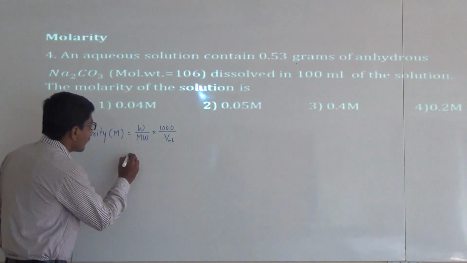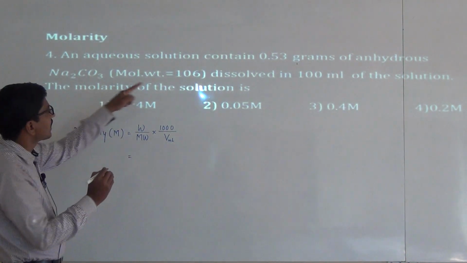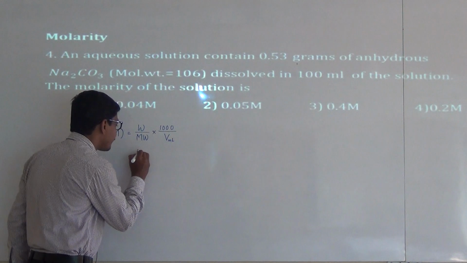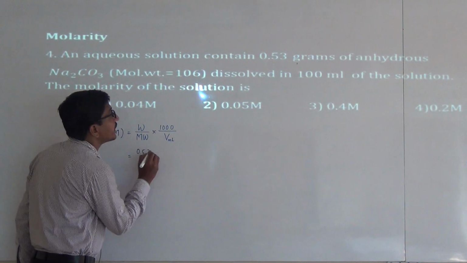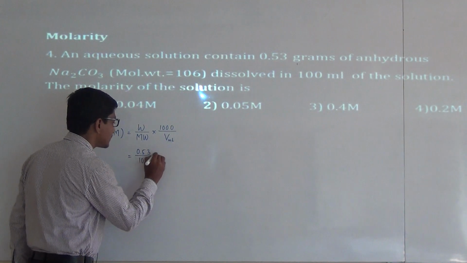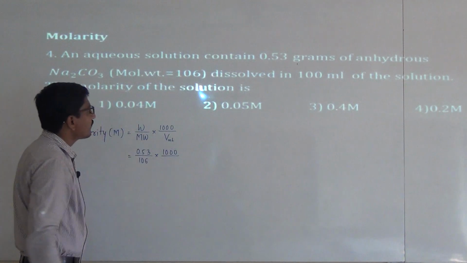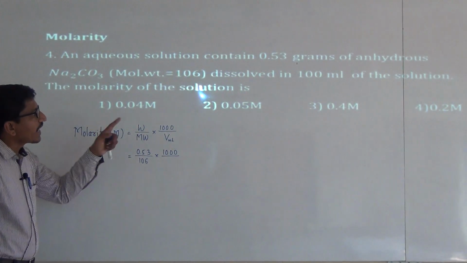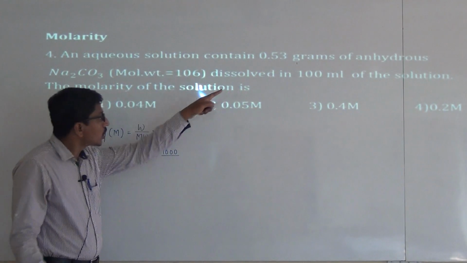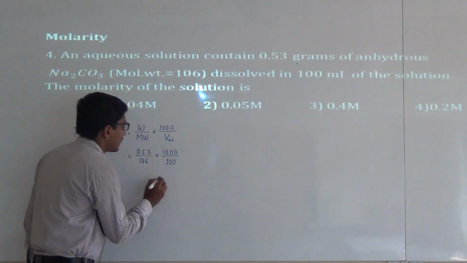By substituting the values in this equation, W is given, that is 0.53 gram, and its molecular weight is 106, and 0.53 gram of anhydrous sodium carbonate is dissolved in 100 ml of the solution.